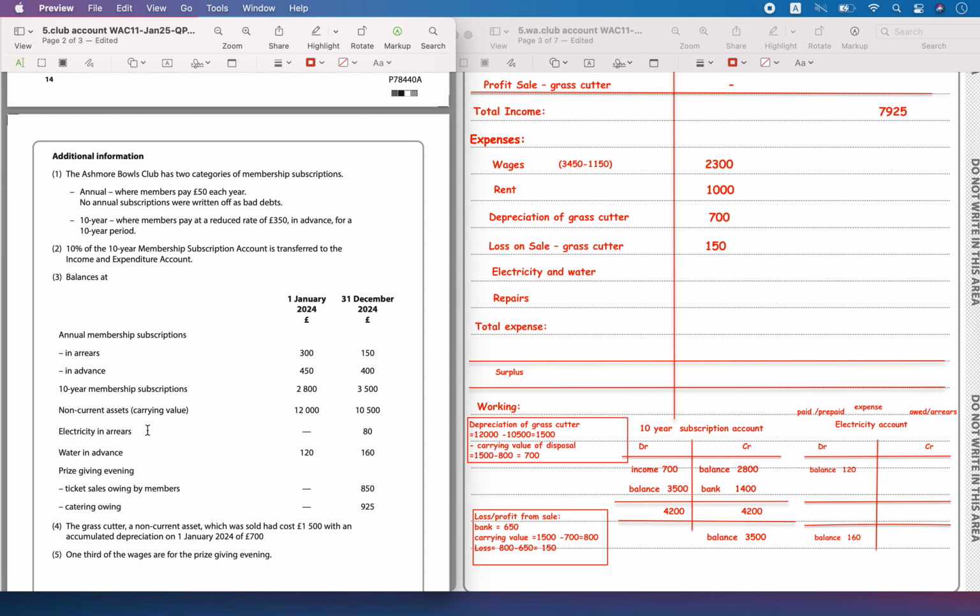Then it had electricity in arrears. Okay, electricity in arrears were at 80. So let's write that.